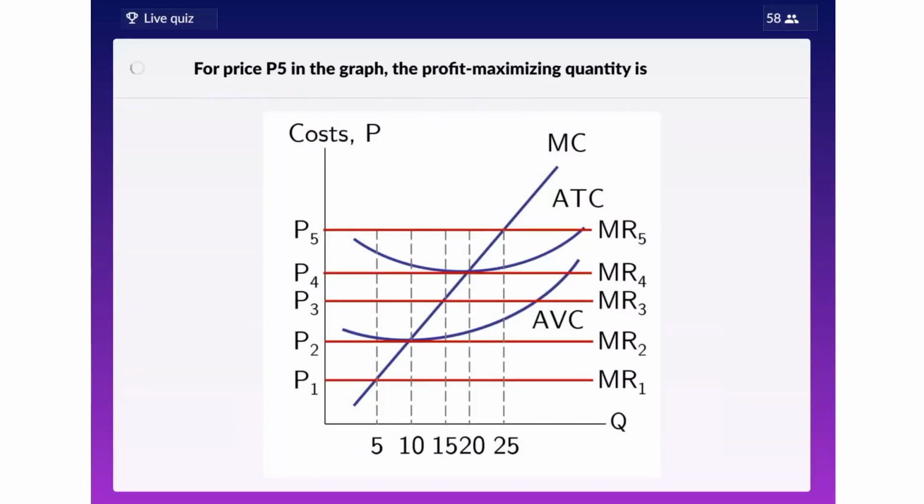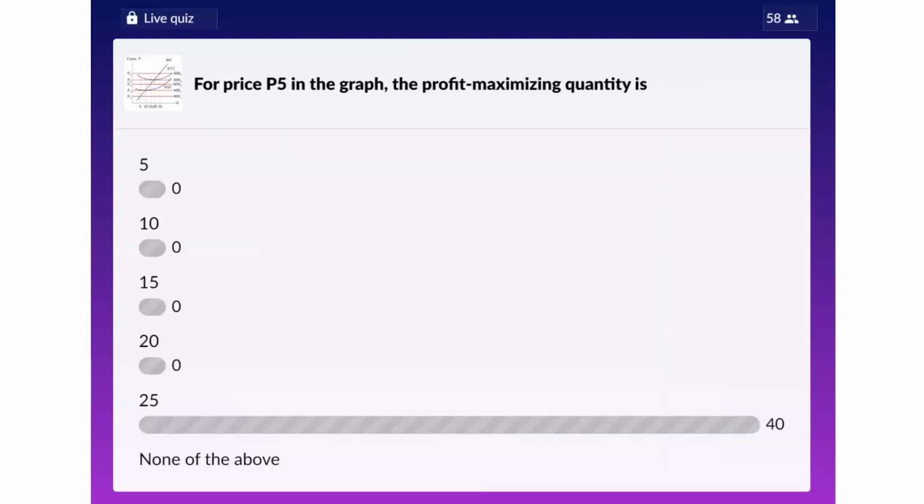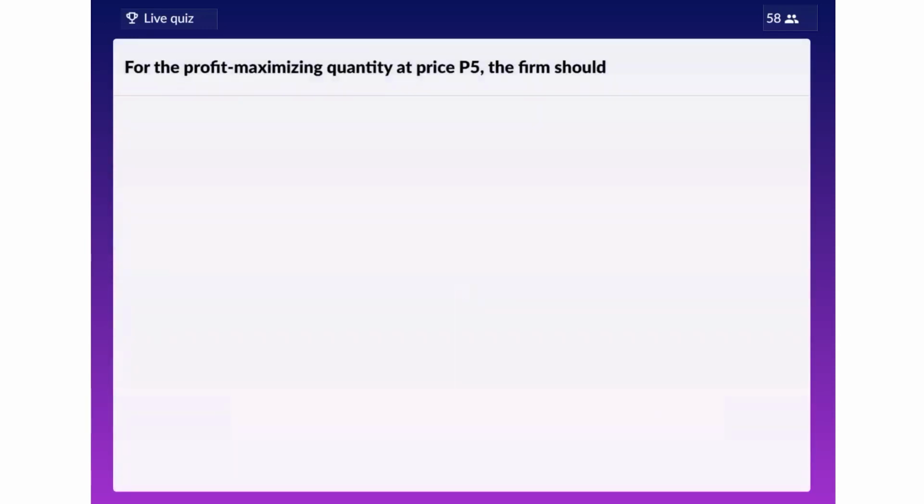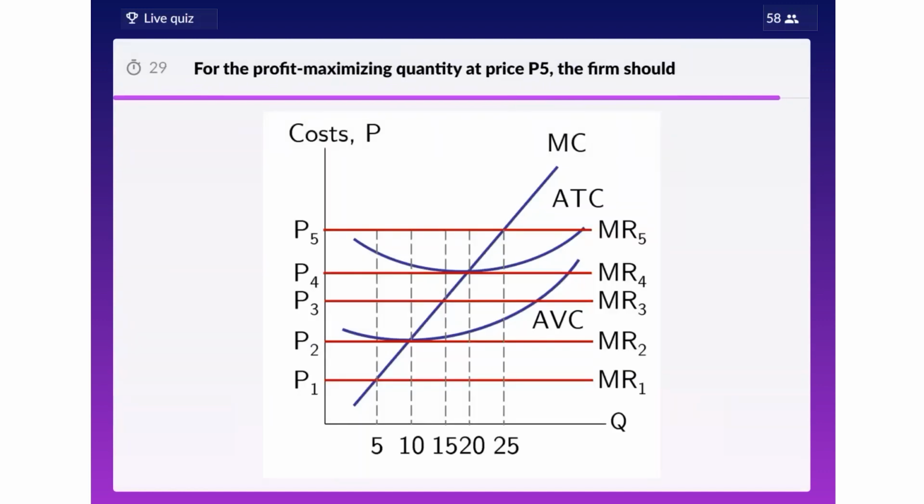Okay, so let's look at your answers. So the majority of you say it's 25, and it is indeed the right answer. Well, we already ruled out all the other answers, so you know that. So okay, for this profit maximizing quantity of 25, what should the firm do?